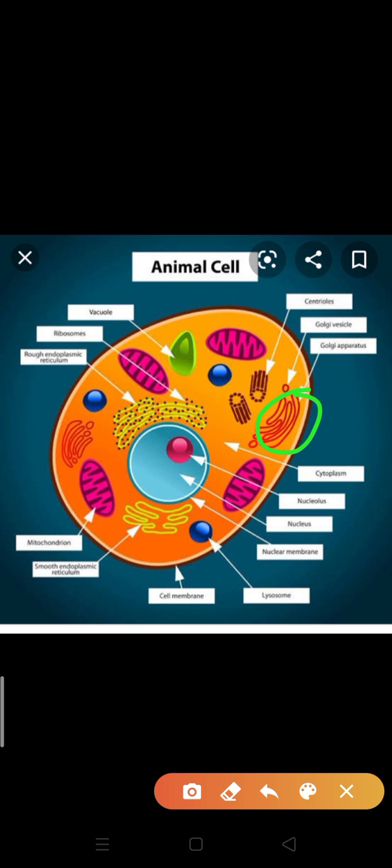These are the parts of the Golgi apparatus, and it is very helpful in the process of lysosome formation. It is also helpful in the secretion of different secretions and membrane proteins, to release their content. Golgi bodies are very important, children, because they are responsible for the process of biogenesis also. Okay, so that's about the Golgi apparatus.